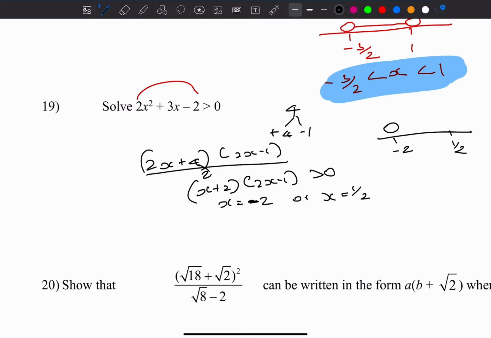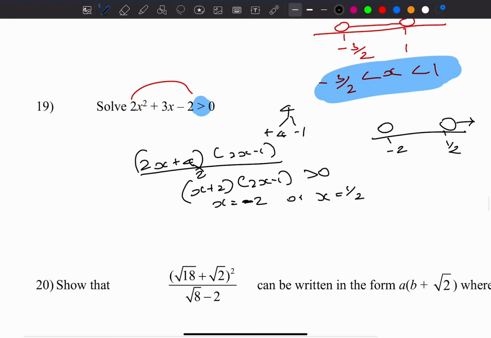Minus 2, circle, circle, because it points that way, and the arrows go outwards. So x is less than minus 2 or x is greater than a half. This is the second way of answering. Either they ask you this answer or this answer. Learn.